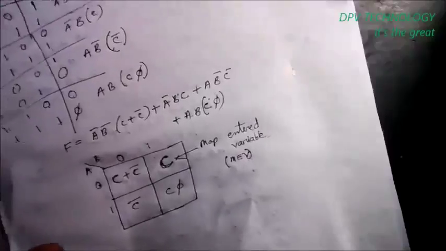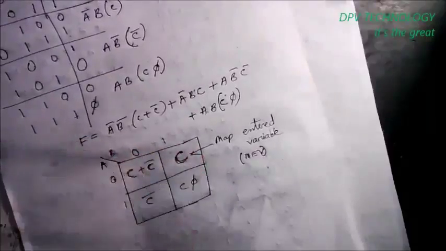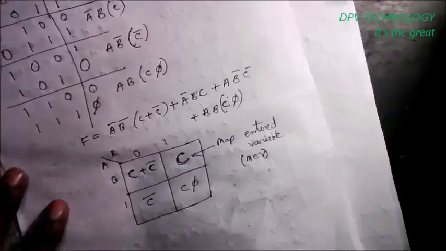Now there are two steps in looping this map entered variable, MEV. So I am going to give you the first step now.